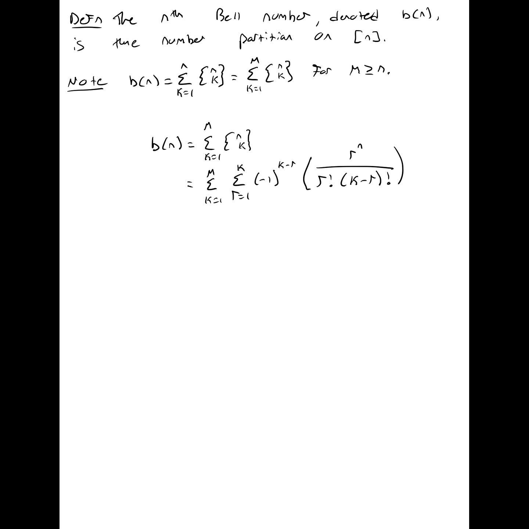So now we're going to aim to shuffle around these elements. In particular, on the inside here, there are going to be certain values of r. And r ranges from 1 to k, but k also ranges from 1 to m. So there's going to be seemingly a lot.